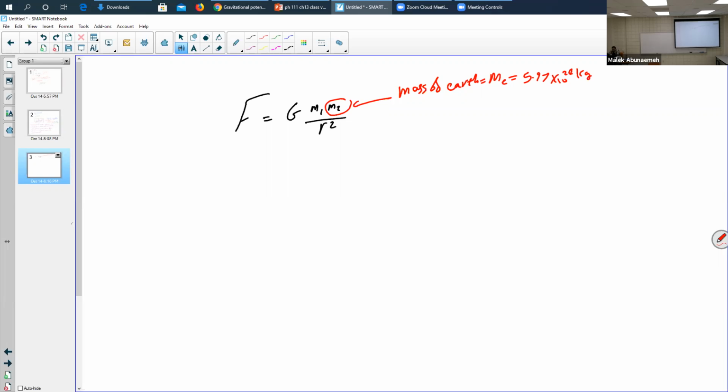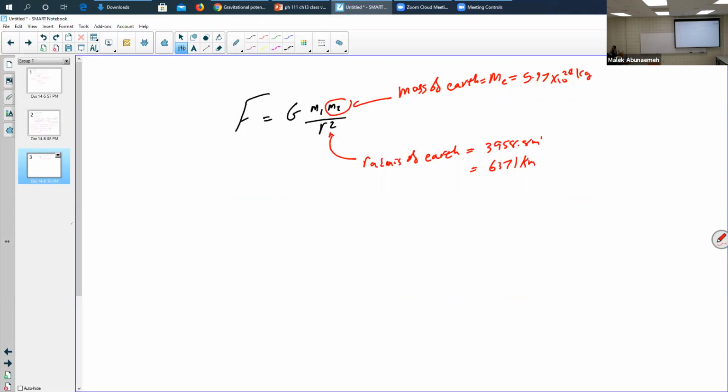And for R, we're using the radius of the Earth, which is 3,958.8 miles, or if you convert it into kilometers, 6,371 kilometers.